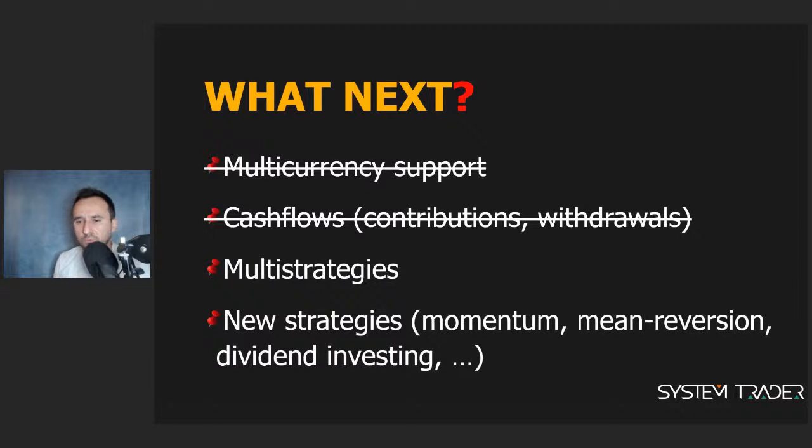But still, if you would like to see how this whole component works together, passive and active portfolio, as a whole, then it will be soon possible, because I'm planning to release so-called multi-strategies, so that you can put different strategies or different portfolios together and build one bigger portfolio.